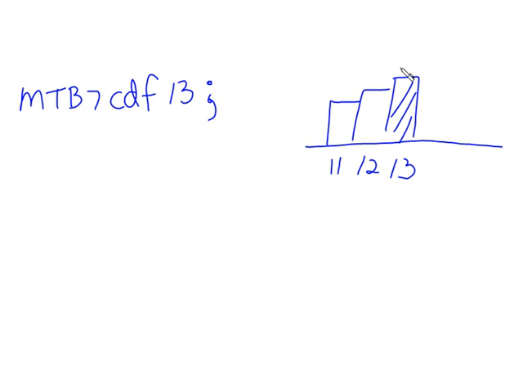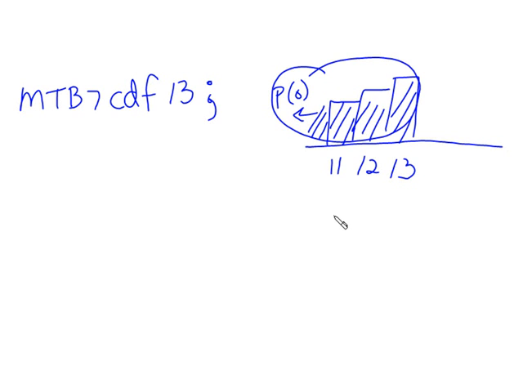CDF of 13 will take all of the probabilities, the probability of 13, the probability of 12, the probability of 11, the probability of 10, all the way down to the probability of 0, and it'll find the sum of all of these probabilities, and that's not what we want.